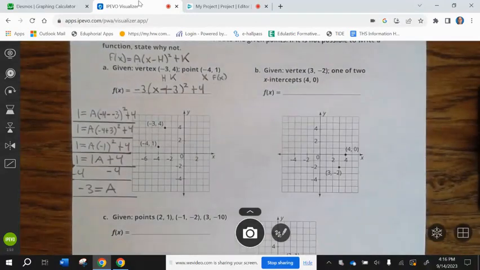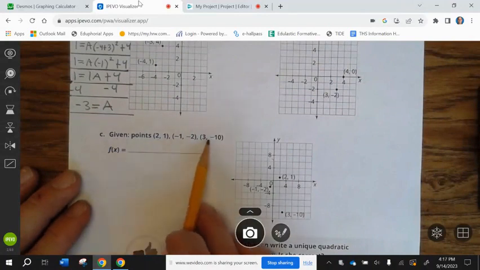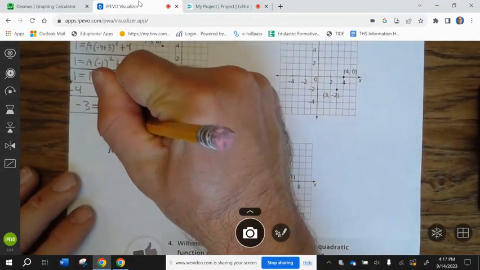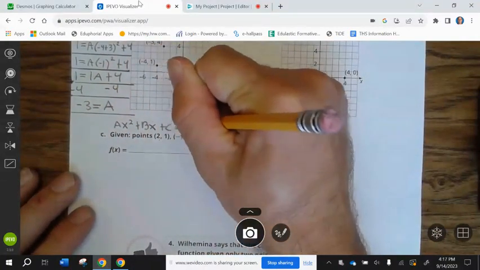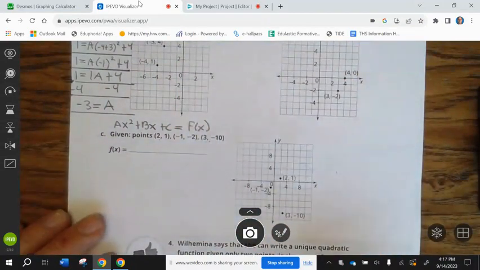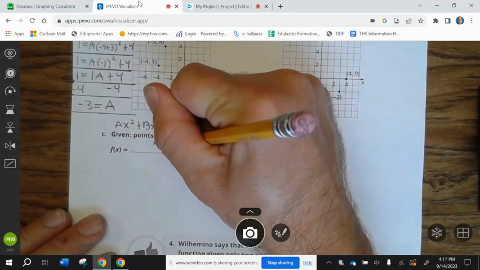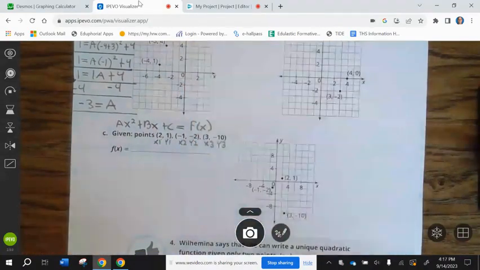All right. Now, here when I'm given 3 points, I want to use the form ax squared plus bx plus c equals f of x, where this is x1, y1, x2, y2, x3, y3.